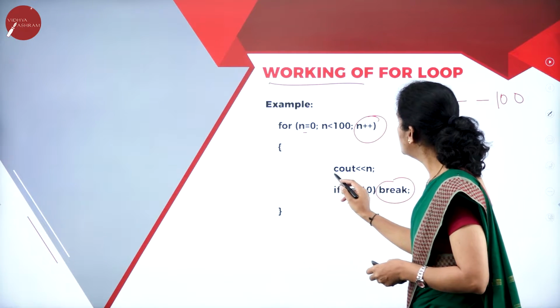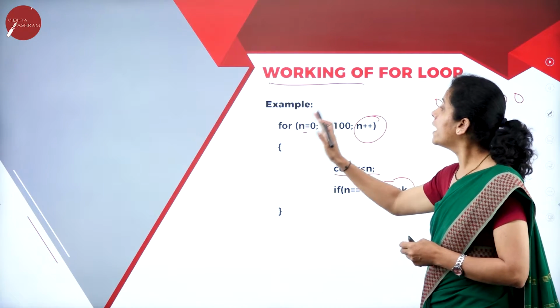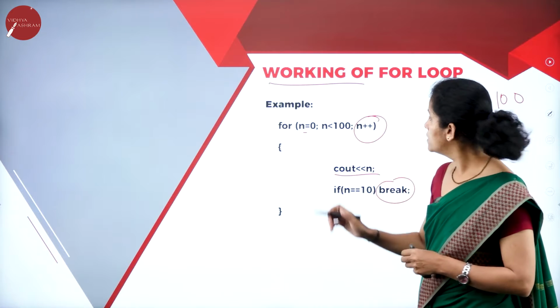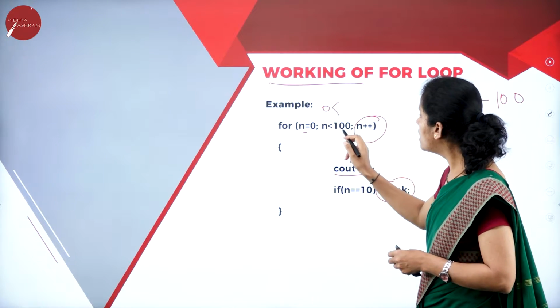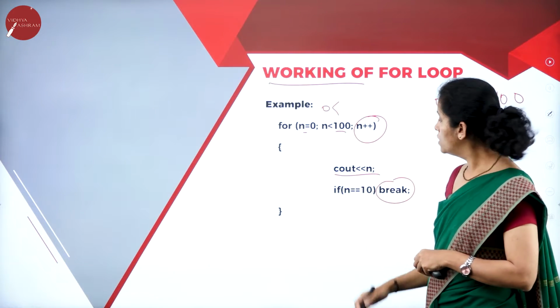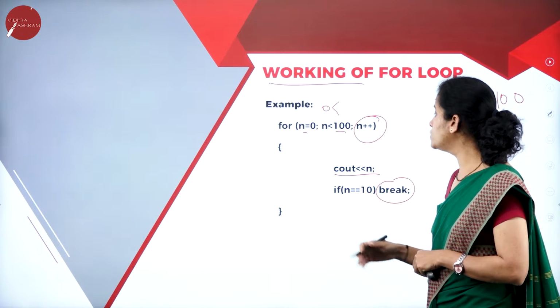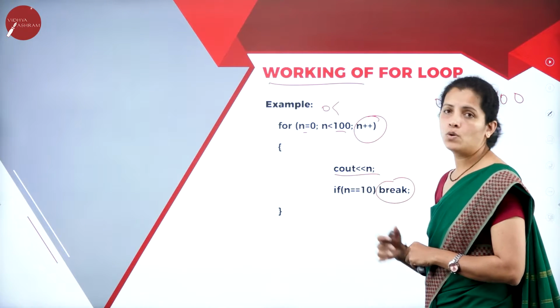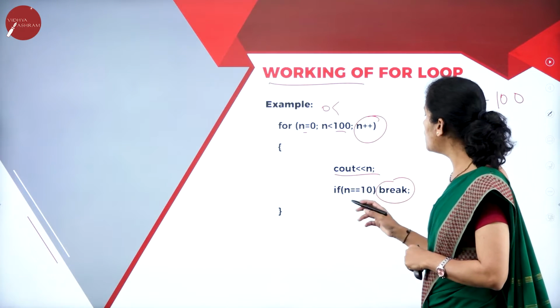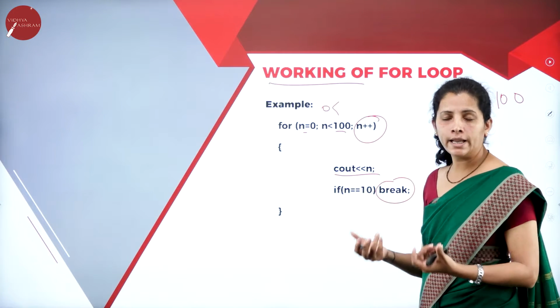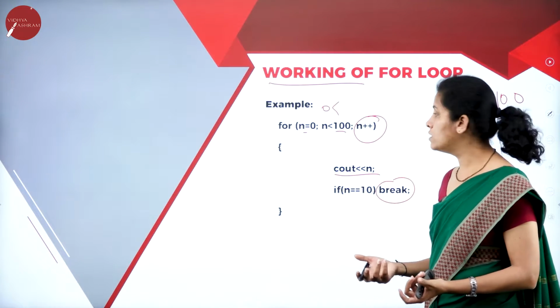So, see here, what I will do: first n equal to 0. So, 0 less than 100, it is true. What am I going to do? I'm going to print the n value, that is 0. Now, n equal to 10, condition is false.